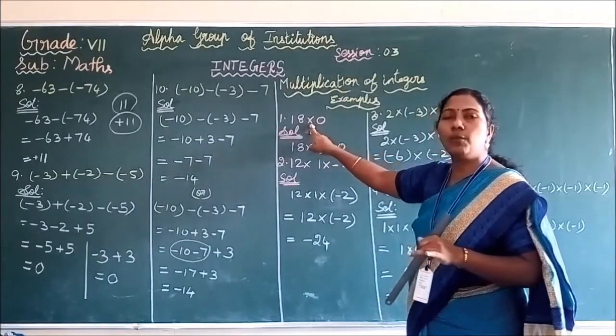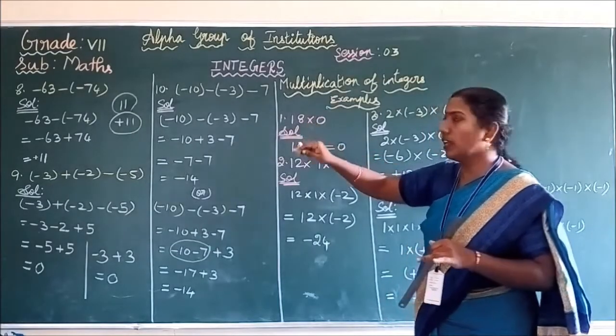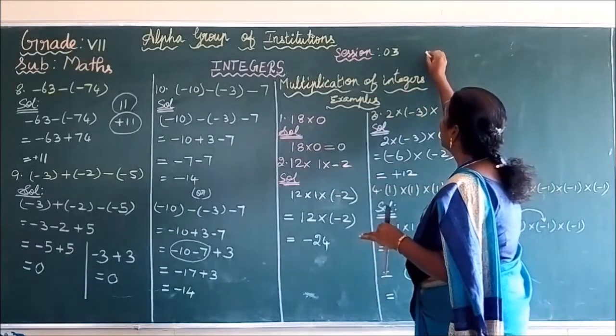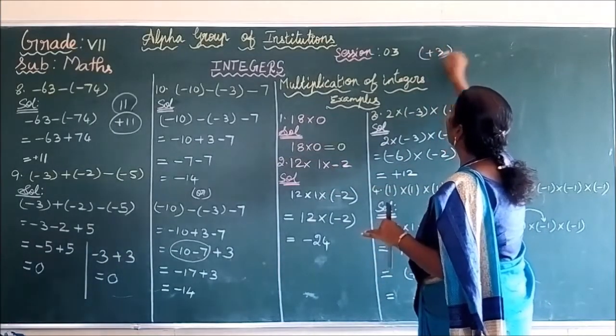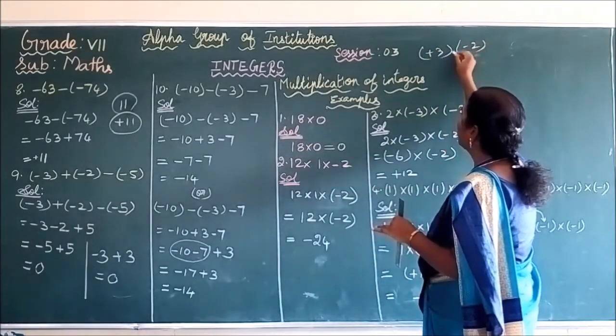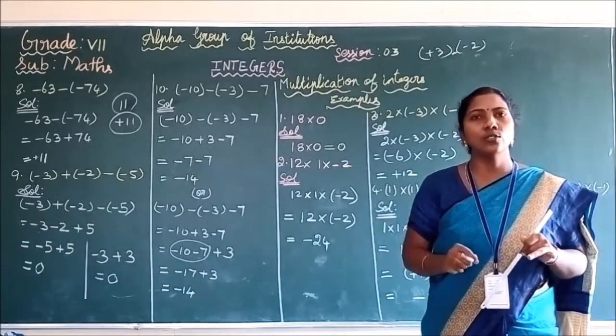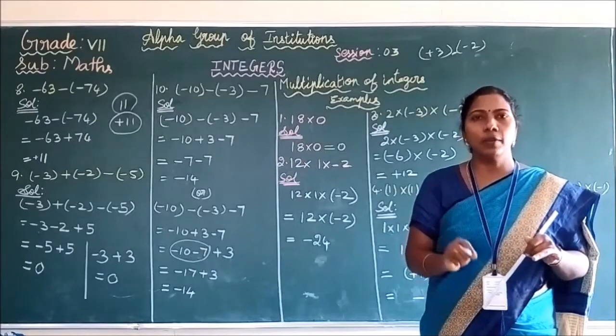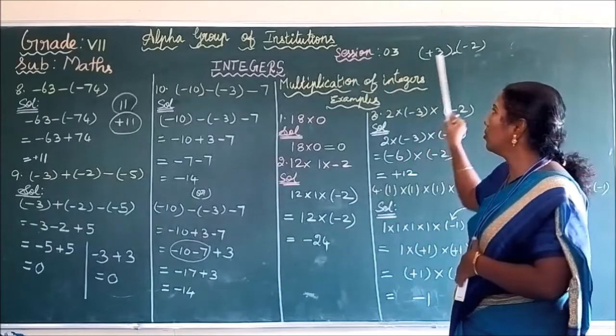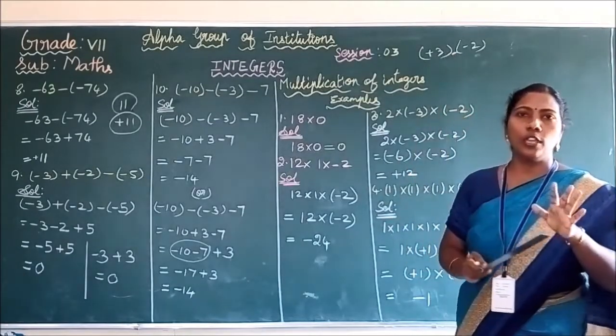Suppose without using the multiplication symbol, they can give the question like this: plus 3 into minus 2. If between the brackets they don't give any symbol, you have to understand the operation is multiplication. In higher classes they give the question like this, so don't worry about it.